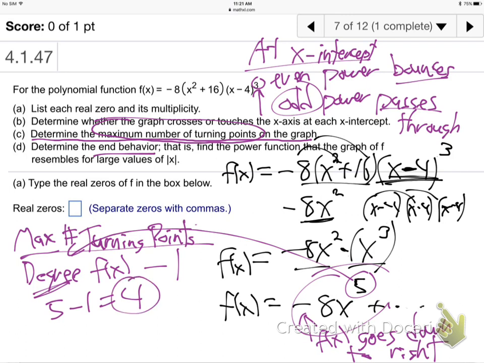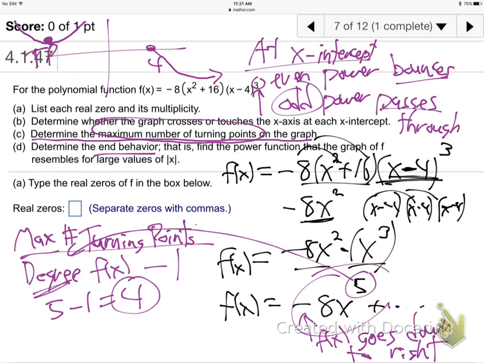That means at most, it could be less, this graph will turn 4 times. We already know it goes through 4, and now that it's negative, we know it goes down after that. But it turns at most 4 times. So it might be coming down like this and then go up. So there was a TP, a turning point.